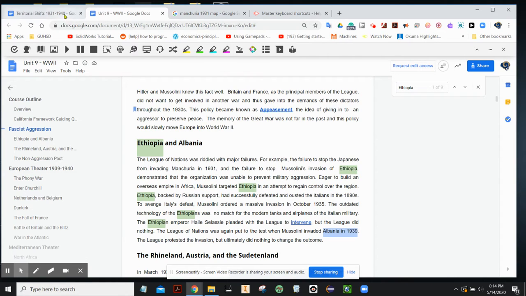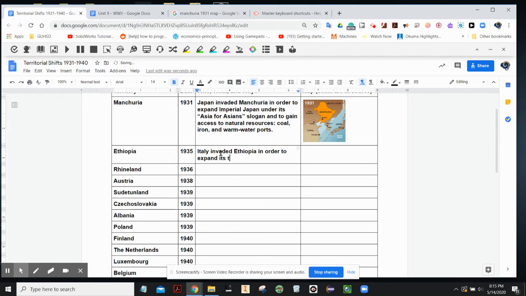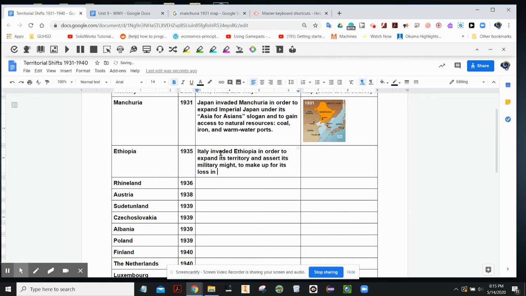So we know we can go back here and say Mussolini or Italy invaded Ethiopia in order to expand its territory and assert its military might, to make up for its loss in 1890.